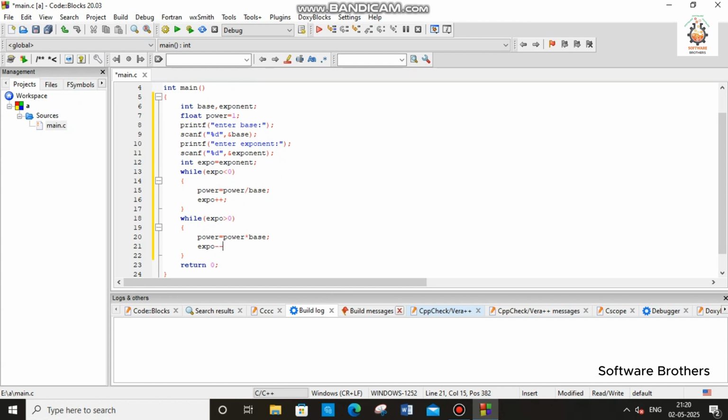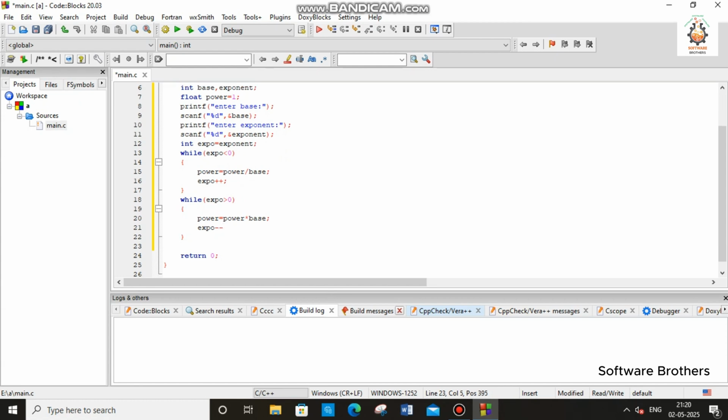And after this curly braces, we should include our much needed printf line over here, because we need to display our answer, which is %d to the power %d, which is nothing but %f.